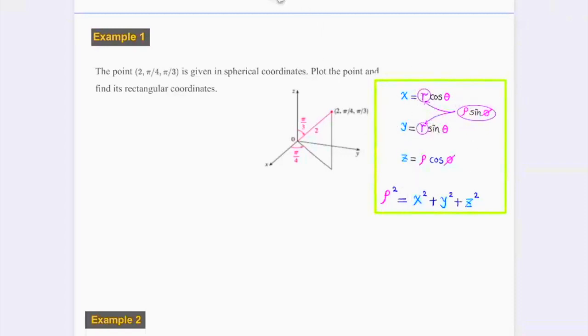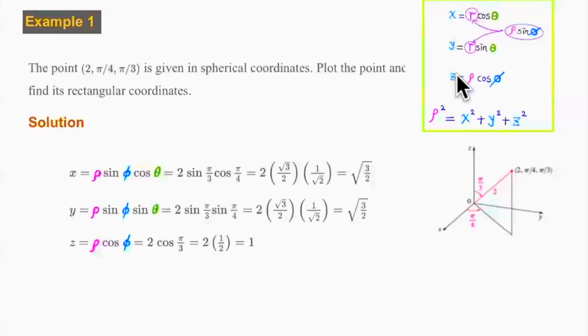Using these three formulas here, we get x is equal to rho sine phi times cosine theta. So we get 2 times sine of pi over 3 times cosine of pi over 4, and we got this result. Similarly, we get y equal to rho sine of phi times sine of theta, and we got square root of 3 over 2.